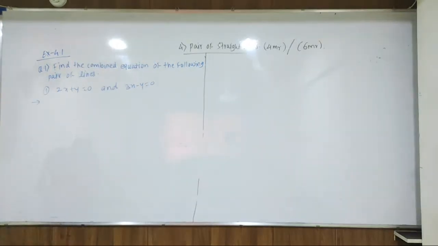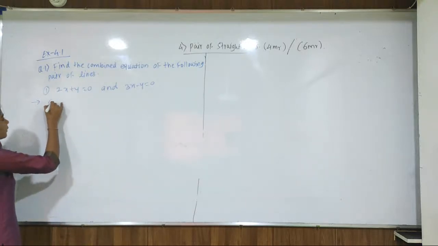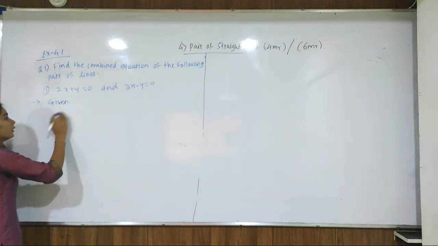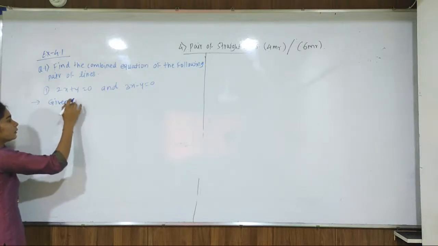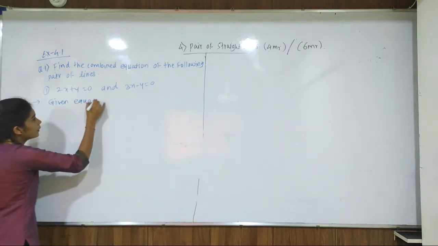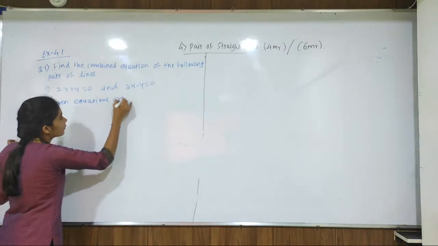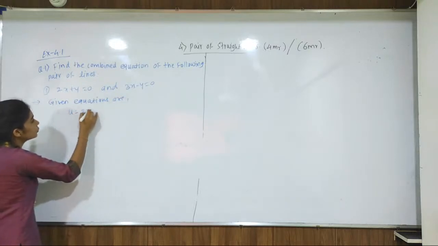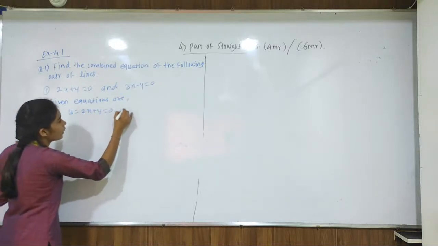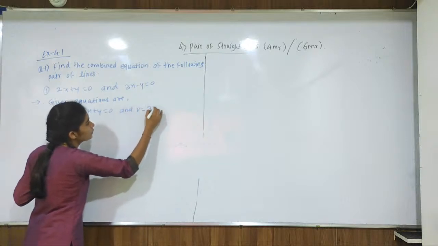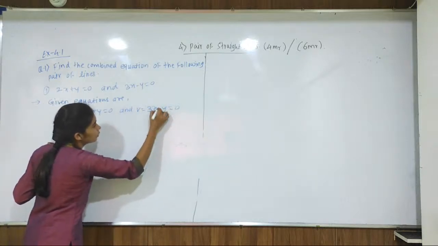So we know that u into v is equal to 0. So first write down the given equations. Given equations are u is equal to 2x plus y is equal to 0 and v is equal to 3x minus y is equal to 0.